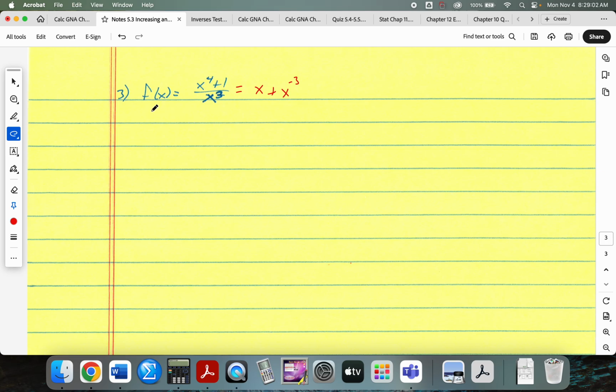So the derivative, f prime of x, is just 1 minus 3x to the negative 4. So that's 1 minus 3 over x to the fourth.